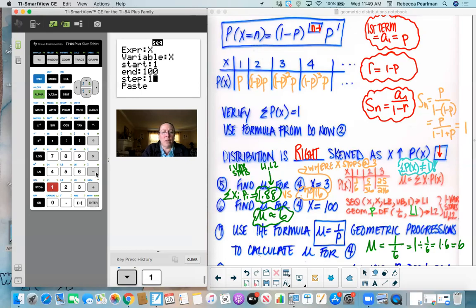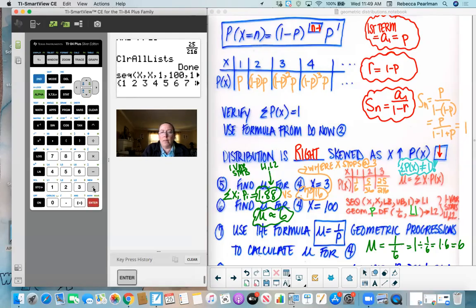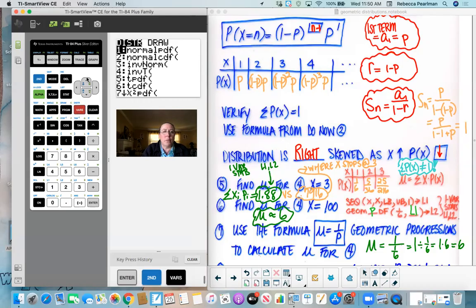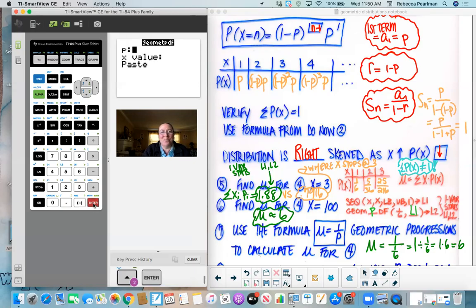Okay, so I'm just double checking. Enter, enter, store list 1. And then we are going to put geometric PDF, so second distribution. I'm going to go up to get to it faster. Make sure you're doing PDF, not the at most scenario.